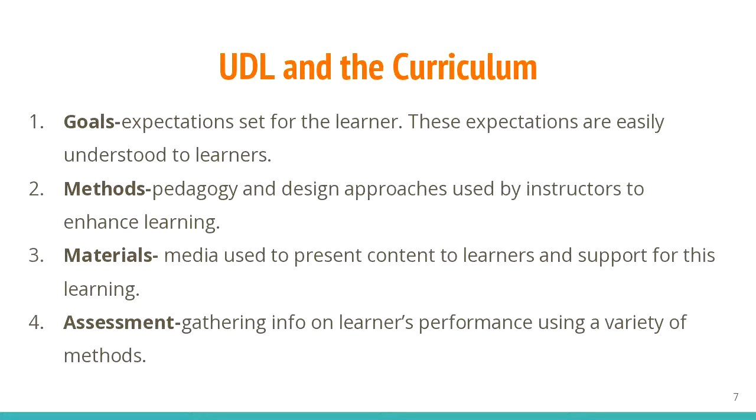Basically, these four things in the curriculum are all connected. When you think about setting up your course, you're going to have the goals, and then you're going to decide what methods you need to outline and what materials you need to use, in order to make sure through the assessments that students are accomplishing the objectives that you have set out for them to reach.